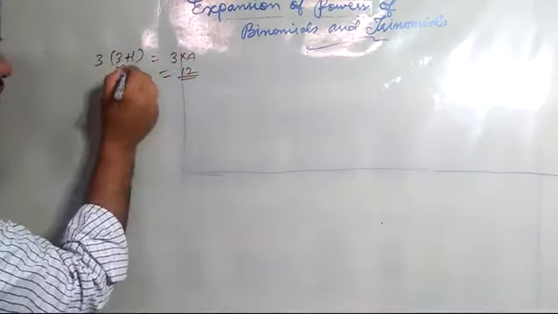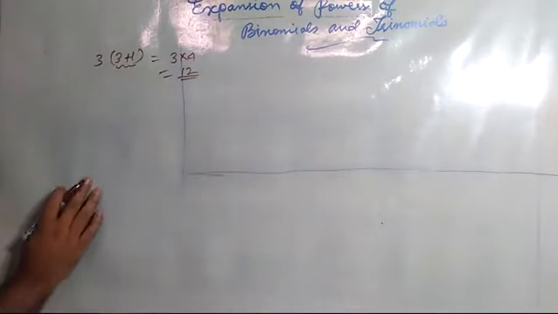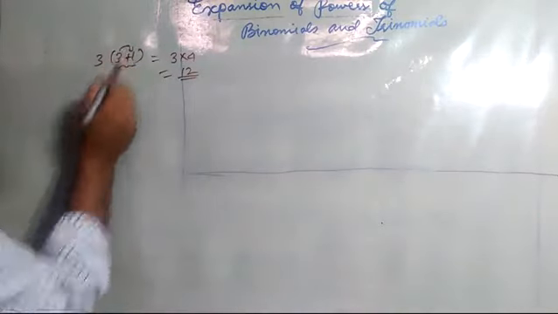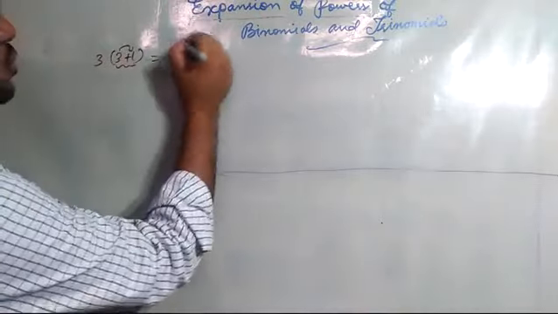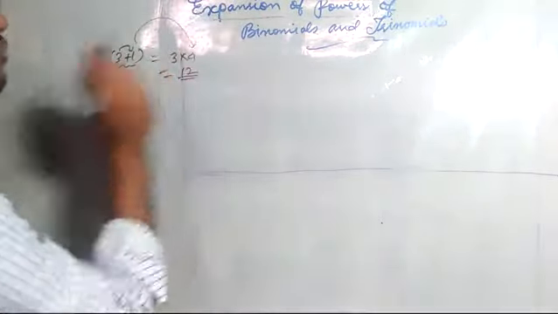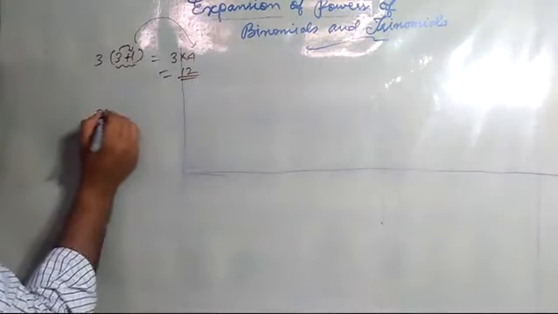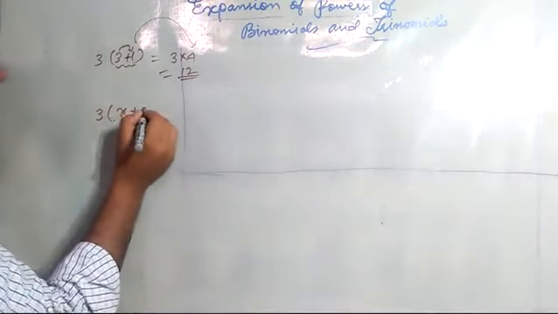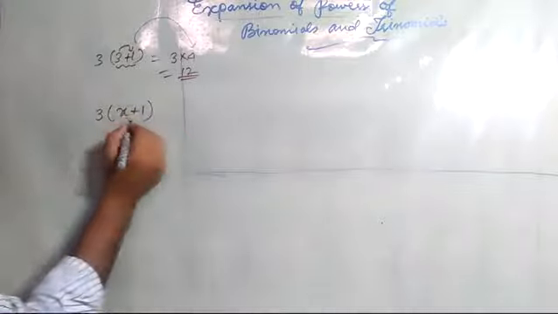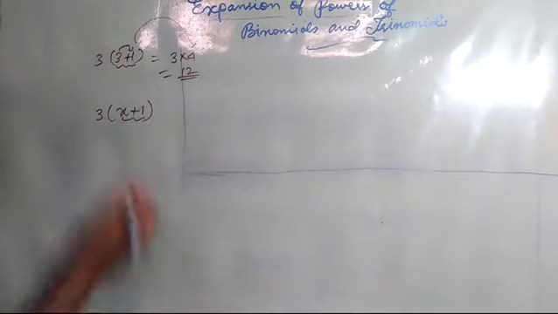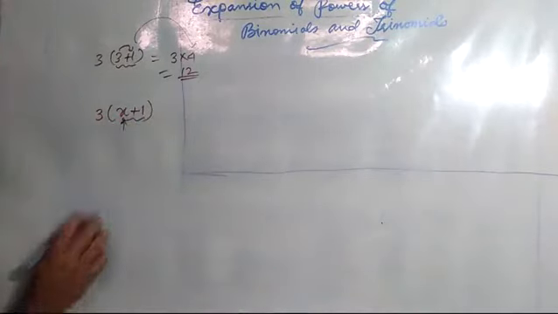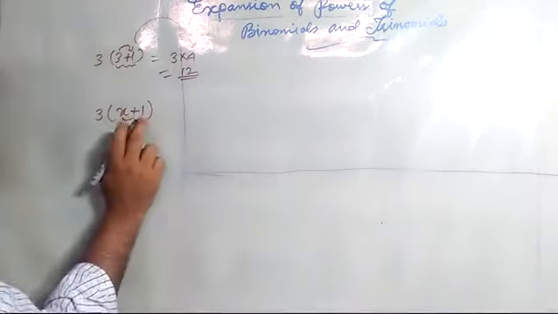Now since these two terms were like terms, they both were constants, we were able to add and make it into one term. That means 3 plus 1 is 4. Now if in this place I have x plus 1, will I be able to add and make it into one? The answer will be no sir, we can't. Why? Because this is a variable, this is a constant.